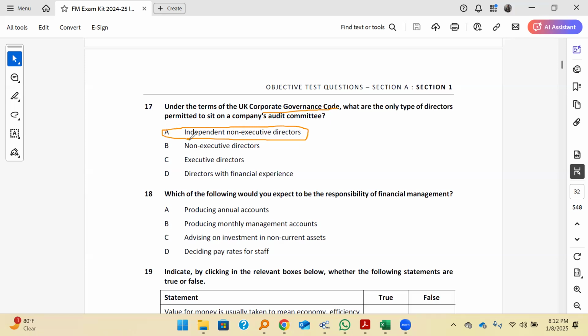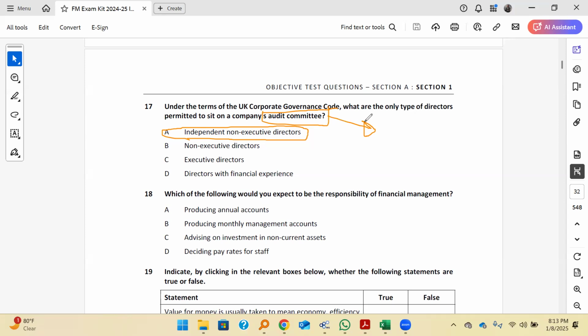So remember, the audit committee is a committee which, first of all, recommends external auditors, but also is responsible for the internal audit function of the company. So you don't want executive directors actually part of that committee, because basically you are checking their work.